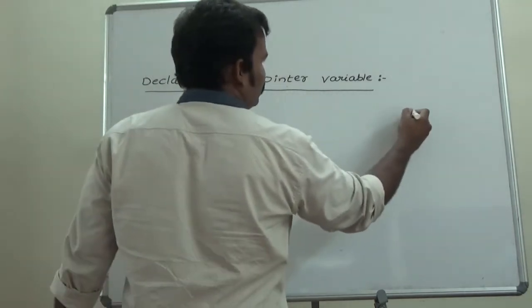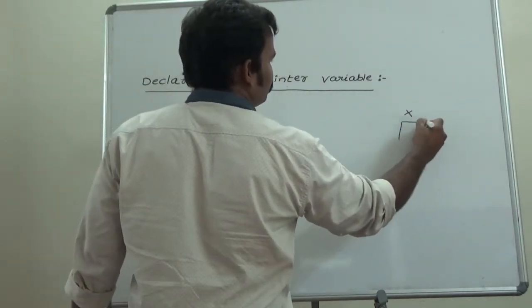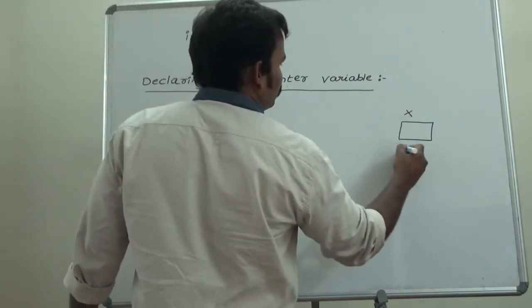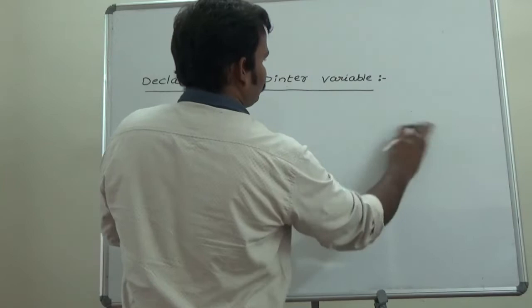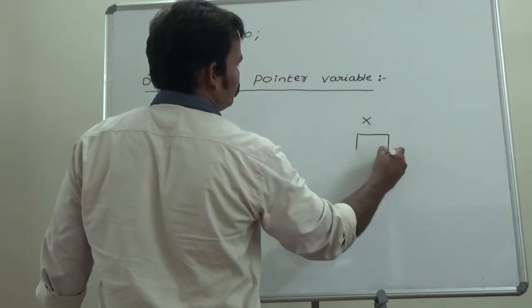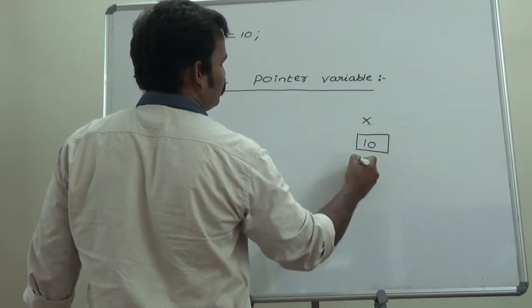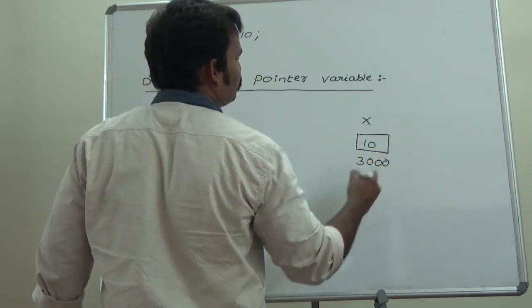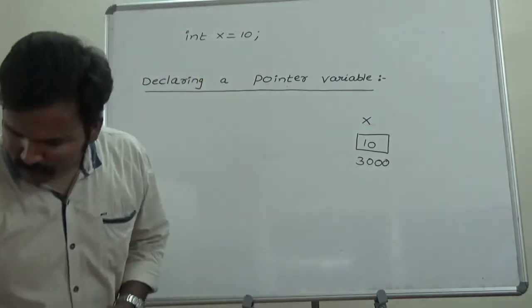Here I am writing x, with value 10, and suppose the address is 3000. So here, what is x?